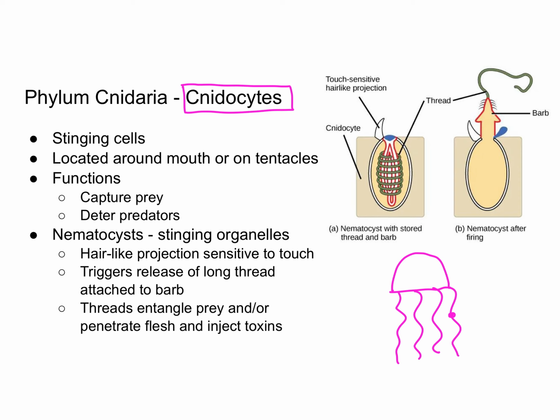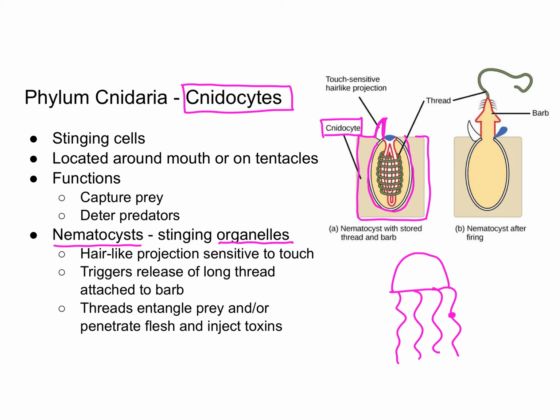Now, within these specialized cells, there are specialized organelles called nematocysts. You can see here, this is the whole cell, the cnidocyte, and then the nematocyst is this organelle inside here. They have almost like a spring-loaded hair-like projection.